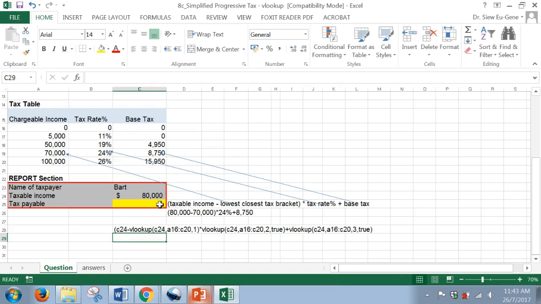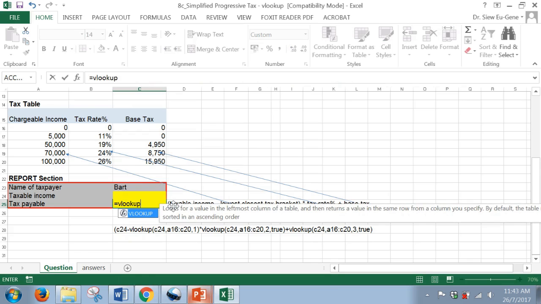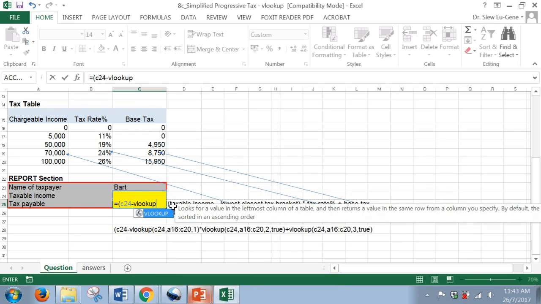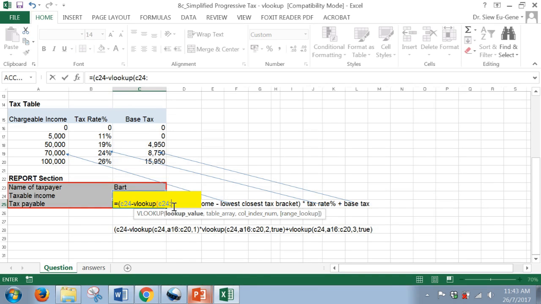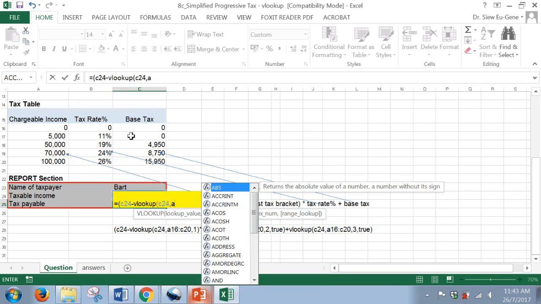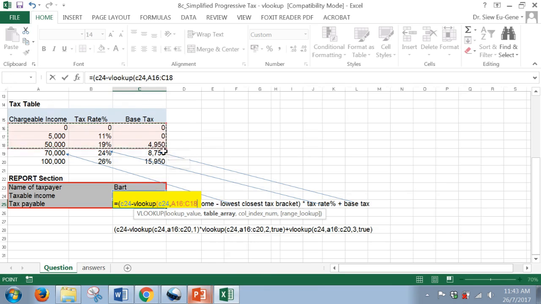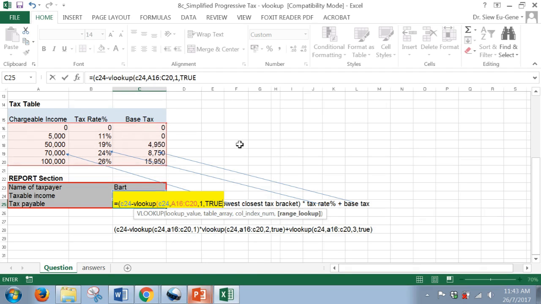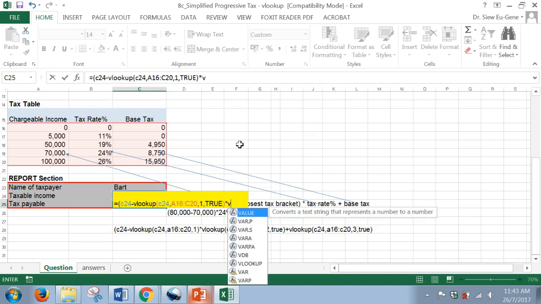So this is the formula in cell C25. Okay, let's enter the formula. C24 minus the VLOOKUP for A16 to C20, returns the first column, is true, multiply by VLOOKUP again.